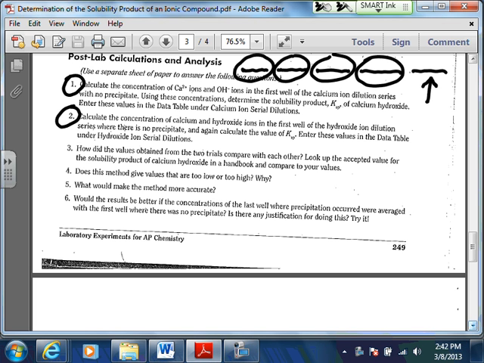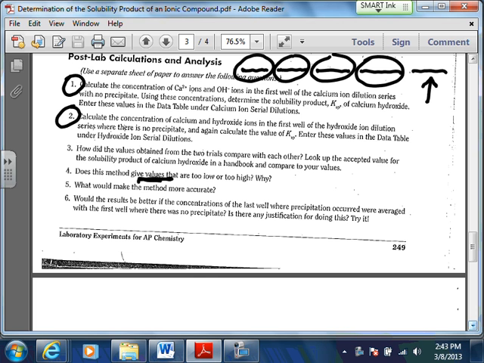Once you get to 5, your concentrations actually might be a little bit lower than they are in an actually saturated solution. Okay, so then you got to think about if the concentrations we're plugging into the Ksp expression are a little bit lower than they should be, then what's that going to do to the values of your Ksp? Alright, and hopefully that's a good enough hint that you can figure it out.